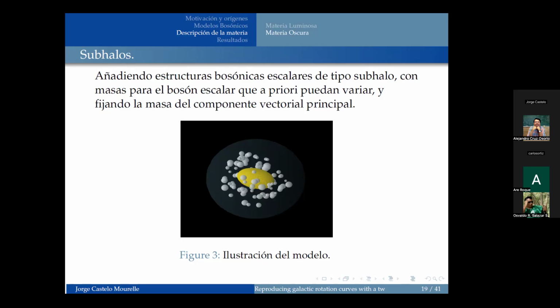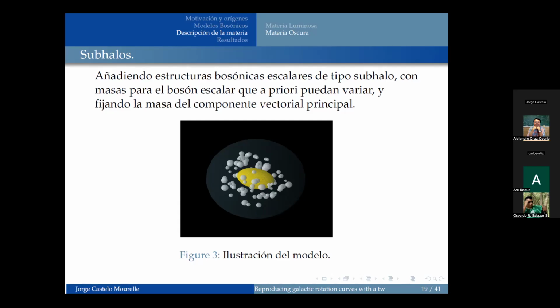Sometimes they put these subhalo theories in the MACHOs. You know, the MACHOs are massive astrophysical compact halo objects. But we studied these subhalos in a regime that is not having trouble with the MACHO limitations.